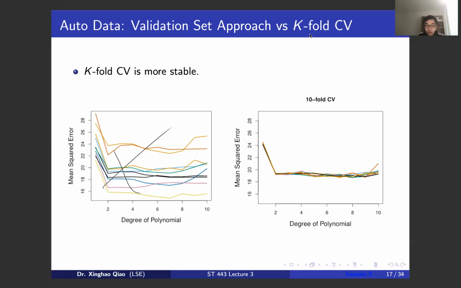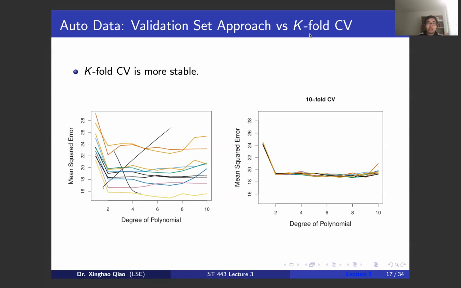If you are using the tenfold cross-validation, we want the result to be highly stable, meaning that for different repetitions, you want the mean square error curve as a function of the degree of polynomial to be very similar, in terms of the pattern and also in terms of the magnitude. You can see that the tenfold cross-validation can achieve this target.